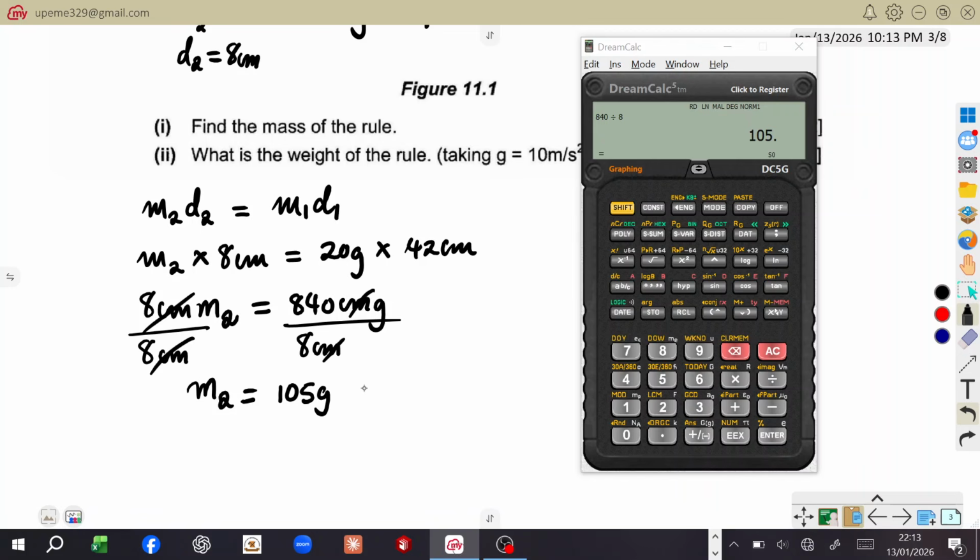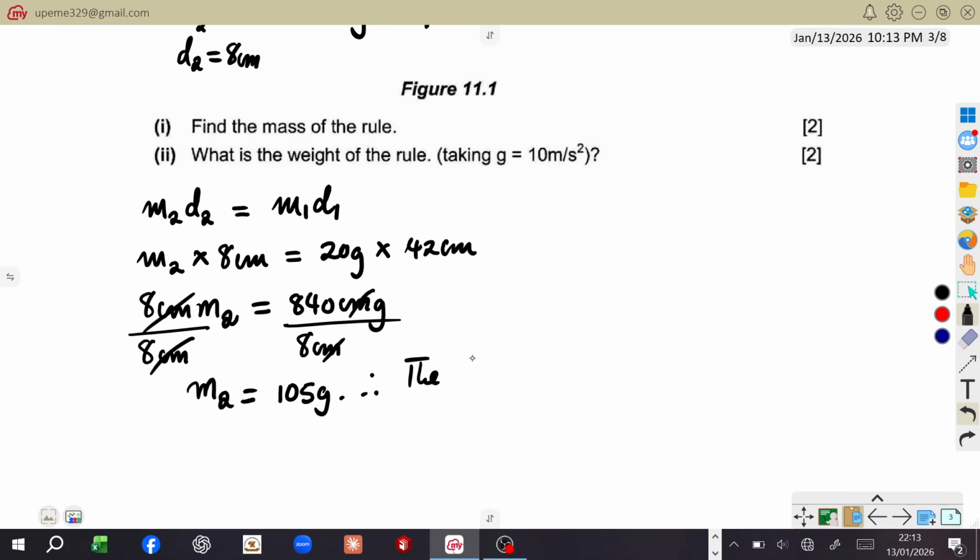Therefore, the mass of the rod is 105 grams.